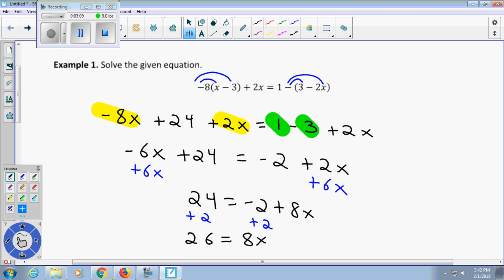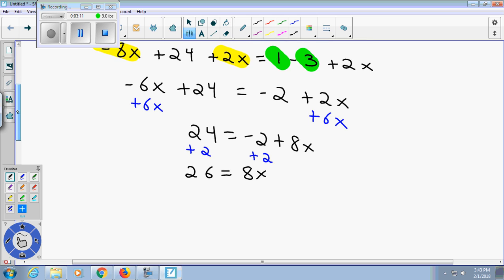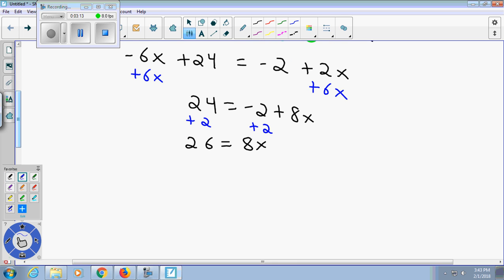Great. So there actually is one more step beyond this, but again, the idea is I want to do the same thing to both sides. Before it was just adding and subtracting, but here if I divide both sides by 8, my resulting expression will also be equivalent.